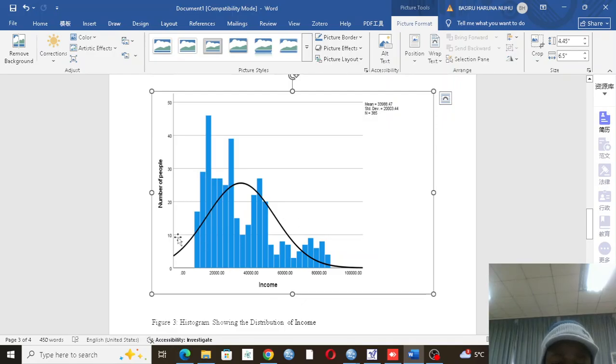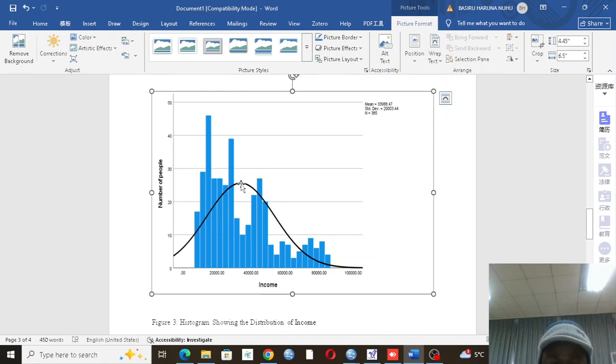And this black line here is just trying to tell you whether the data or income is normally distributed. When we say normally distributed, it means it's fairly distributed among the participants. But of course, it is not. It's only a few that are earning more and the majority are earning low. So how do we check it?